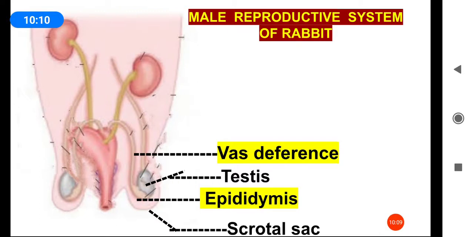Each testis consists of numerous tubules called seminiferous tubules. The network of seminiferous tubules leads into a coiled tubule called epididymis. This epididymis leads into the sperm duct called vas deferens.